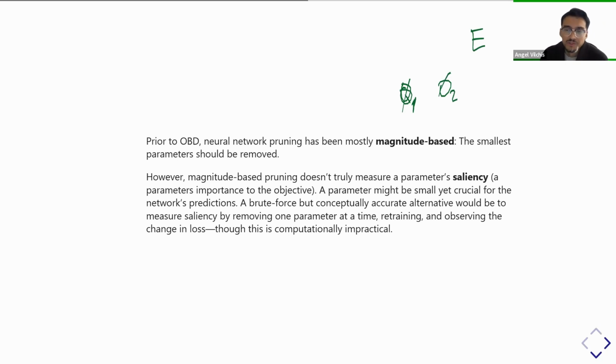Let's say we're fully trained. We have 2 parameters, theta 1 and theta 2, and we have a converged error function. Which parameter should we remove, 1 or 2? Knowing that we can measure E, we want to remove the one where, if we remove it, the error goes up the least.